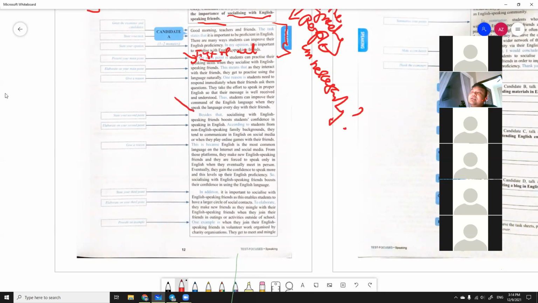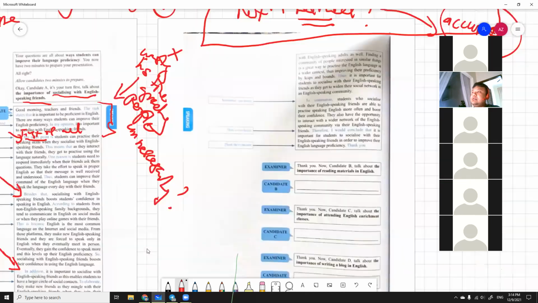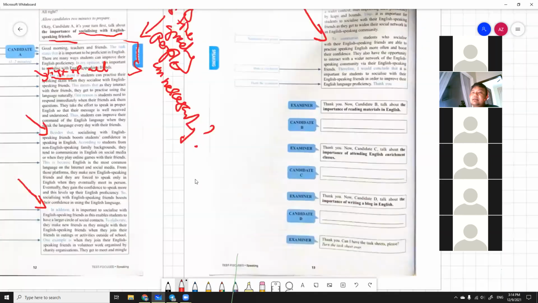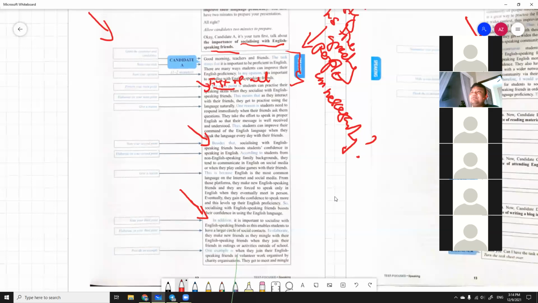This one, if you can see, the candidate uses besides that, the cohesive devices. Last one, he would be using in addition. And to summarize, you would see the candidate is being very systematic, very organized.